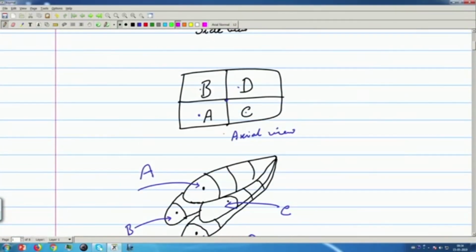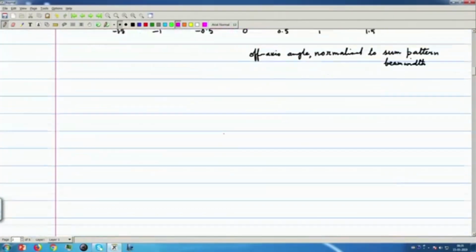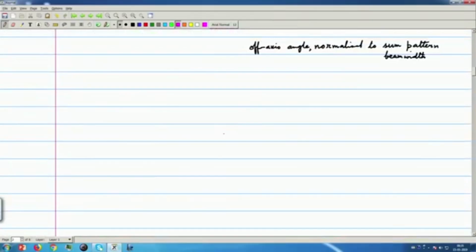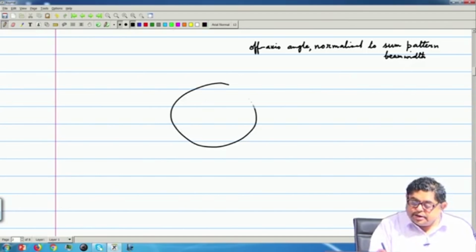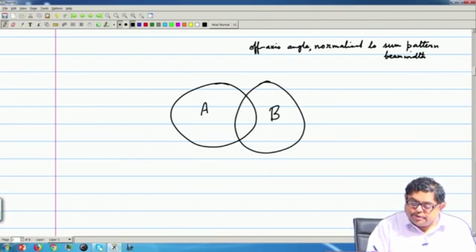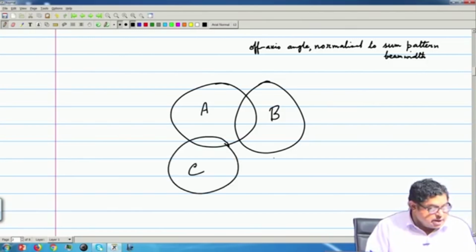ABCD thing. So, we can find out that the received voltages we can draw like this: if this is our A voltage, then the B voltage will be this, and the C voltage will be something like this, and the D voltage will be something like this.